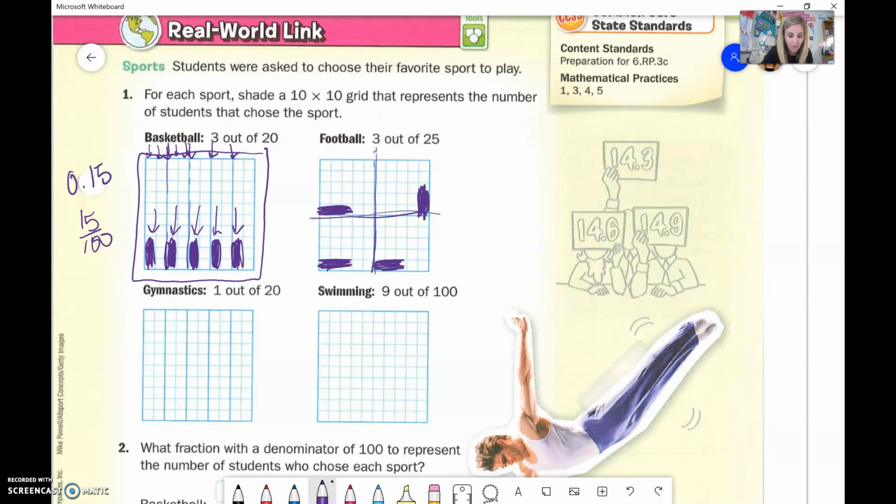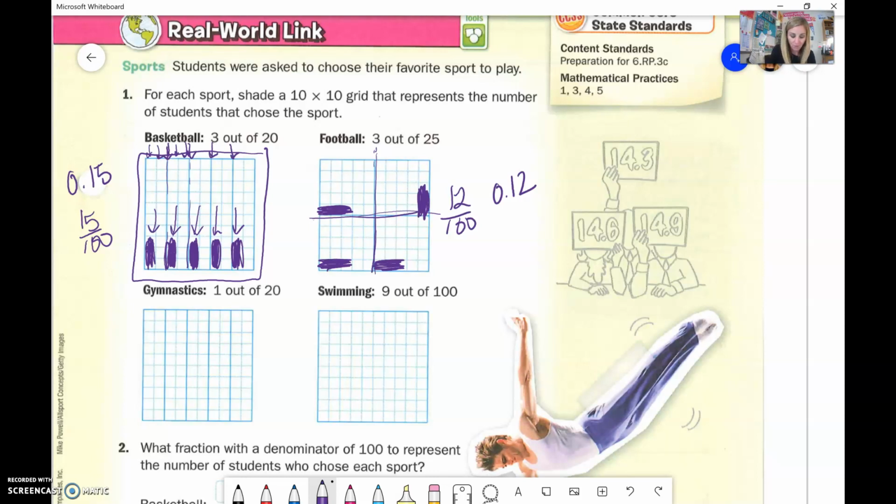But notice in every group of 25, I have colored in 3. So how many out of 100 is that? 3, 6, 9, 12. 12 out of 100 chose football, which gives you 12 hundredths as a decimal. Now, I know we're going to be doing fractions, but this gives us a little bit of a head start if we can turn that fraction into a decimal.